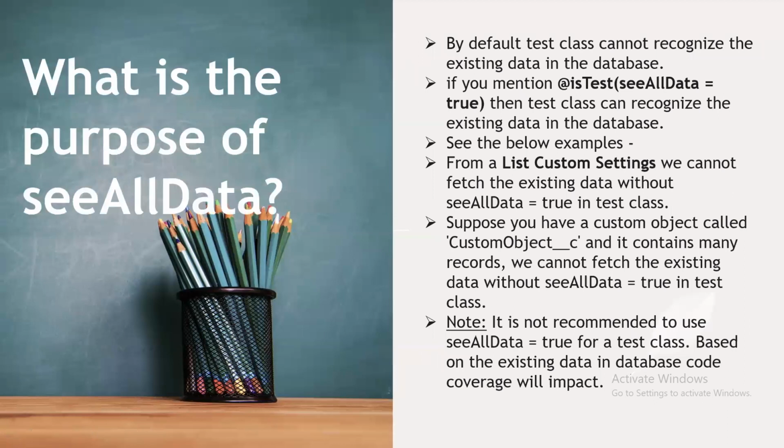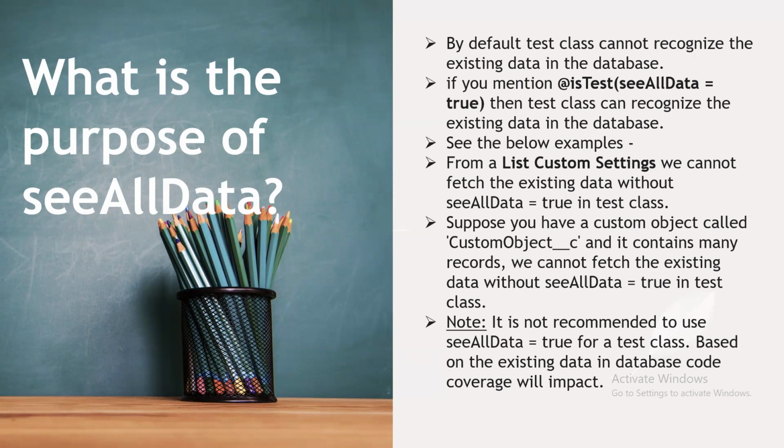So what is the purpose of seeAllData? In test classes, we sometimes use the seeAllData keyword. So what is the purpose of that? By default, test classes cannot recognize the existing data in the database, right? If you mention @isTest(seeAllData=true), then test classes can recognize the existing data in the database. Let's take one example, a list of custom settings.